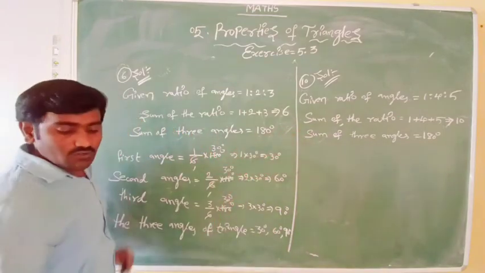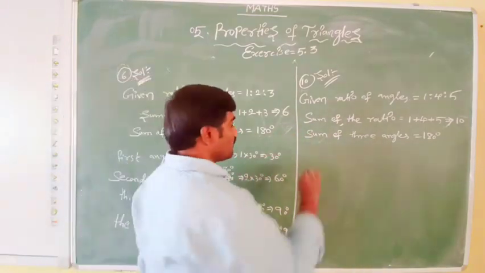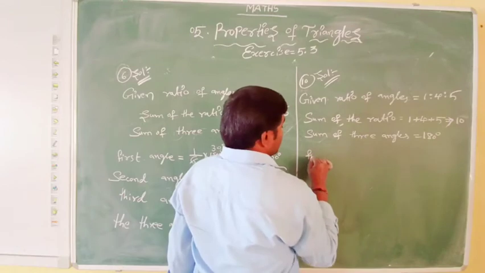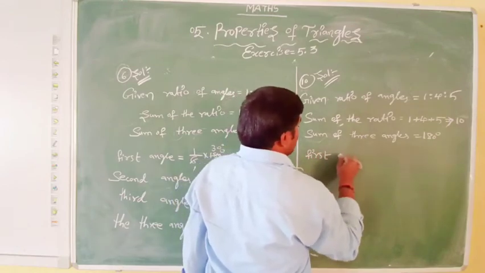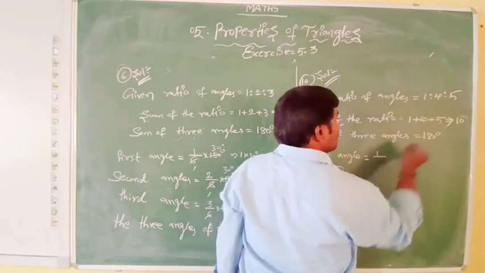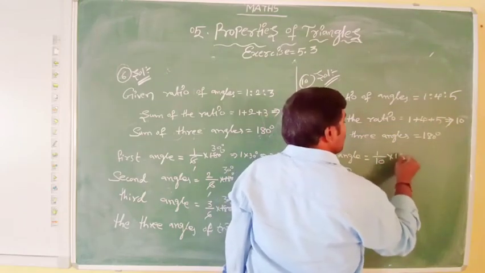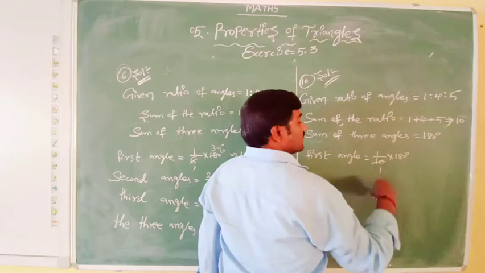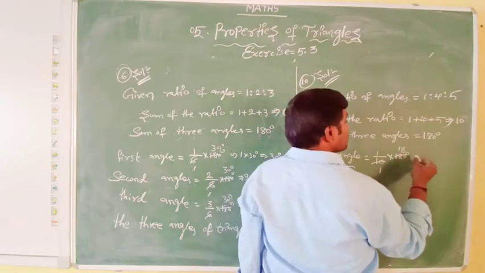In the same way we have to solve this one. See, here the first angle took only one part out of 10 parts, into 180 degrees. 10 times 18 is 180.